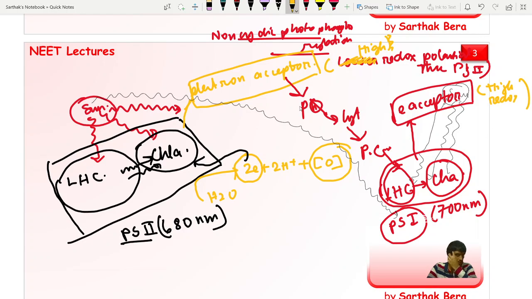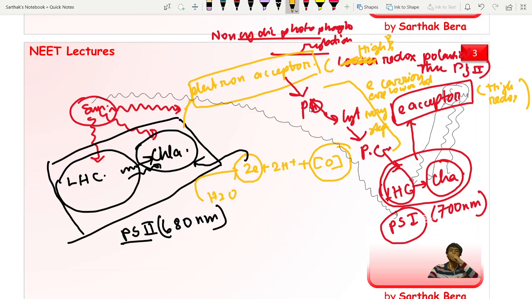The redox potential of these electron carriers is lower successively at every step.